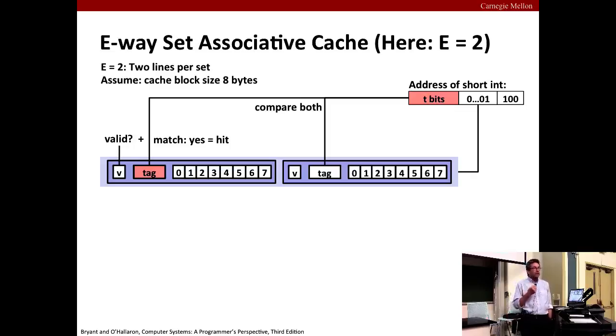That's why, because in general, if you take this to the limit, there's just one set. We call that a fully associative cache. So there's just one set, and now a block can go anywhere. There's no constraints now on where you place a block. But because of the complexity of that fully associative search, those are very rare.